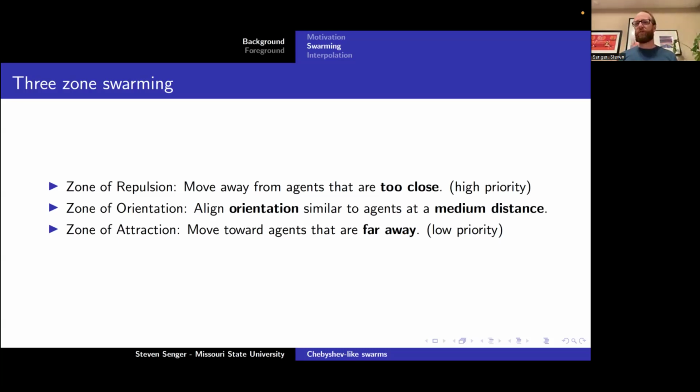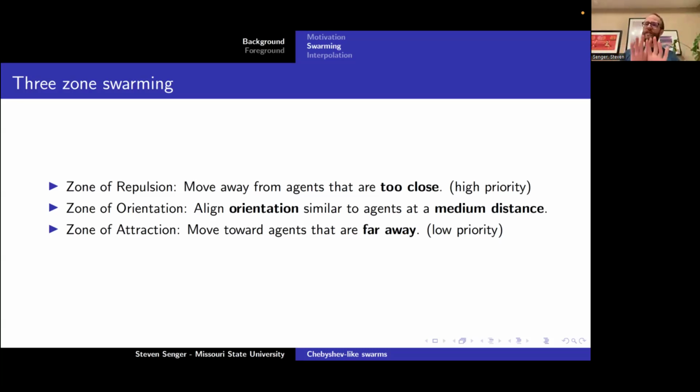So oftentimes swarming models will assume constant speed. Now, physical objects are probably not going to have constant speed, right? There's going to be wind blowing on the quadcopters, and currents pushing against swimming robots and what have you. But the idea that a robot can just stop and start again is actually kind of complicated.